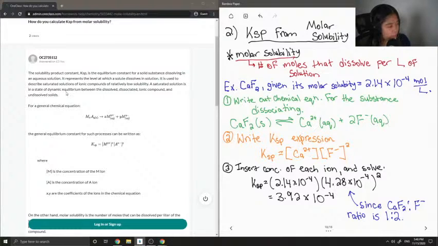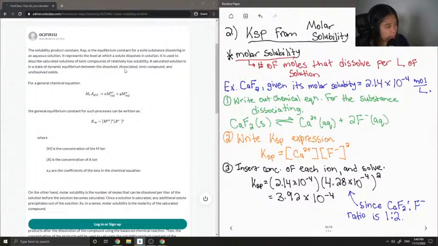A saturated solution is in a state of dynamic equilibrium between the dissolved, dissociated ionic compound and undissolved solids. For a general chemical equation, they have MxAy solid, and then they show that the subscript of M becomes its coefficient, and the charge that it has is the coefficient of the A. And then they show the same thing for the anion.